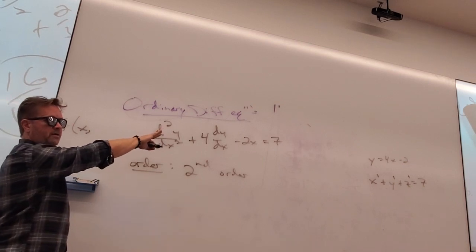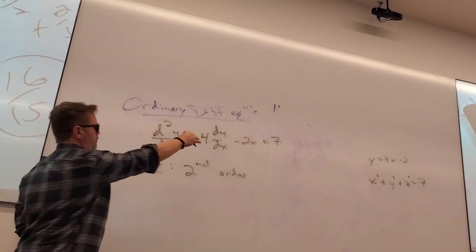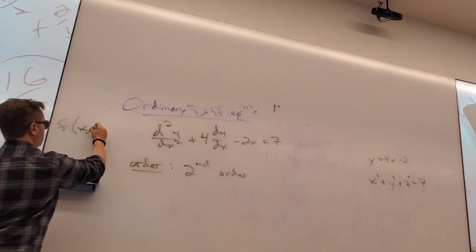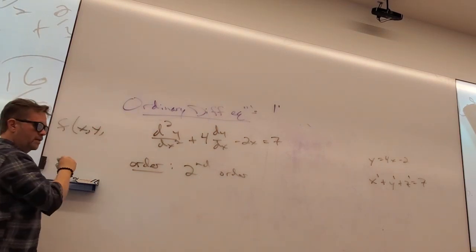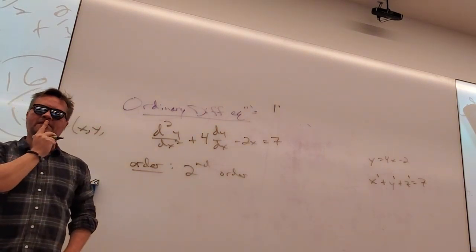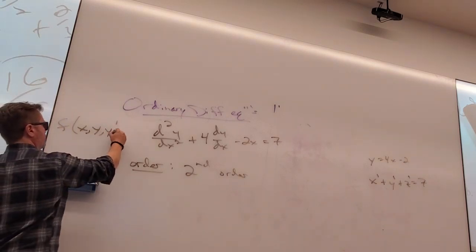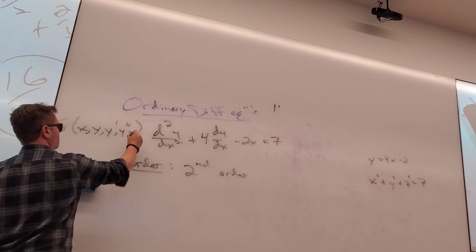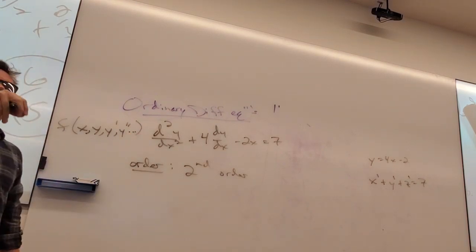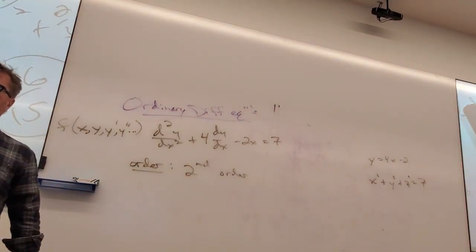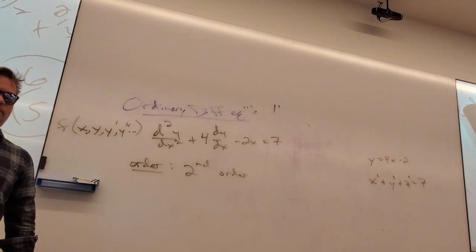I didn't actually put a y in there, but I could have put a y here or whatever. There's another variable: y prime, y double prime.